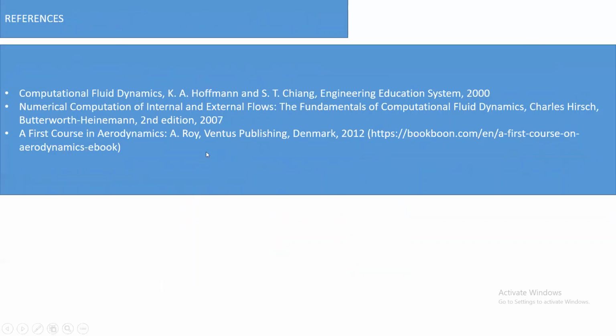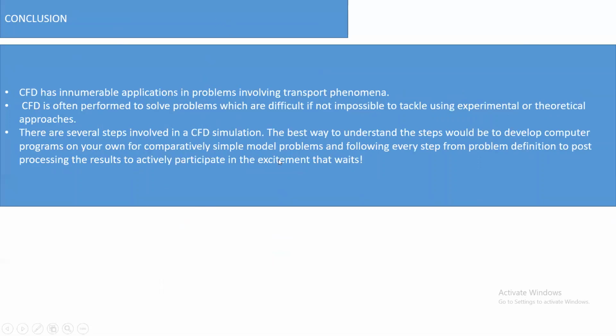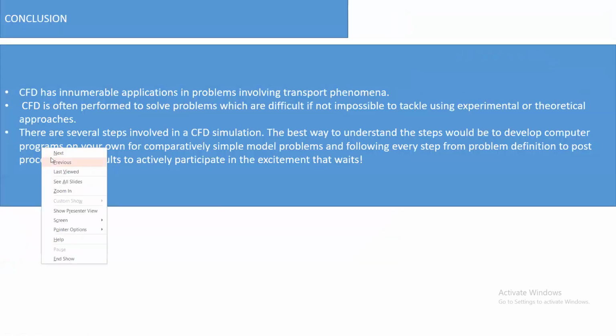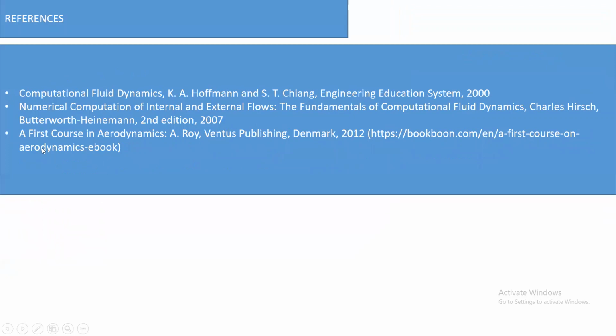Now, the references that I will tell you to take. These are the books I suggest you go through, and I will also follow these books, so that you can understand CFD in depth. If you have any doubt, you can ask me.